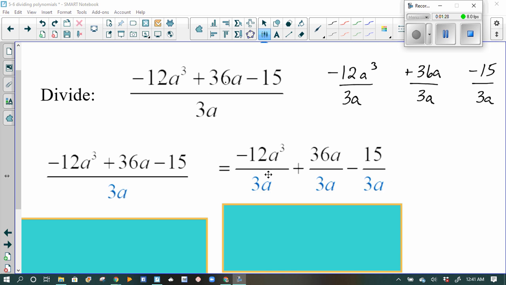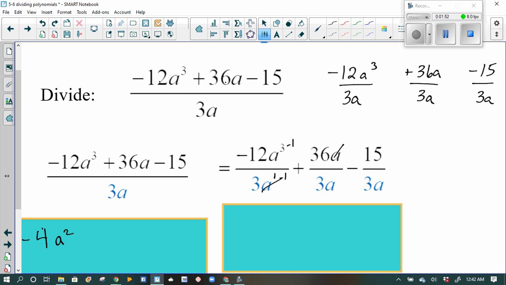And then you simply reduce one piece at a time. Negative 12 divided by 3 is 4. Remember, this is a 1, so we're going to subtract a 1 from both. So that's 4a squared, so negative 4a squared.